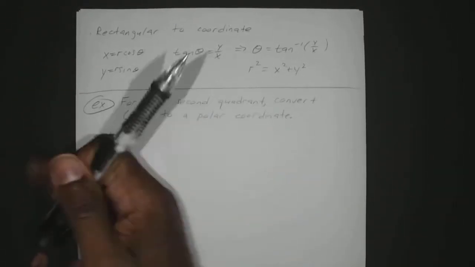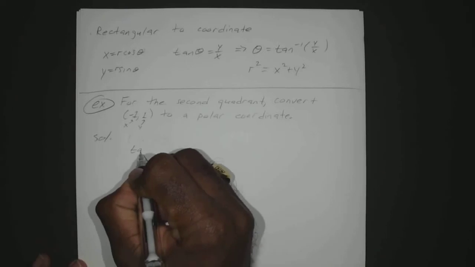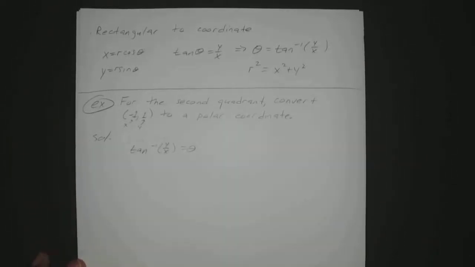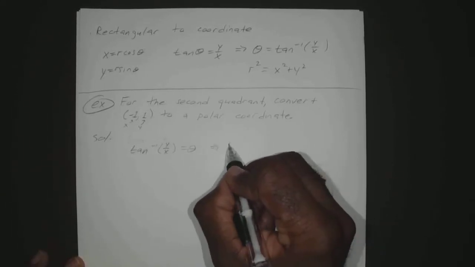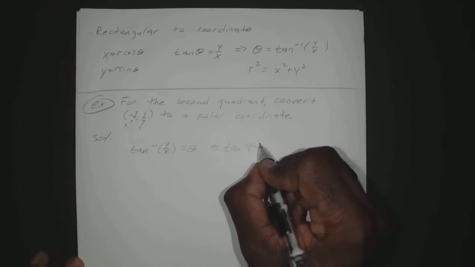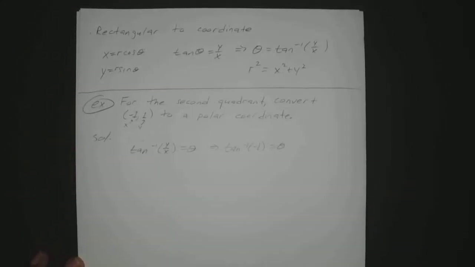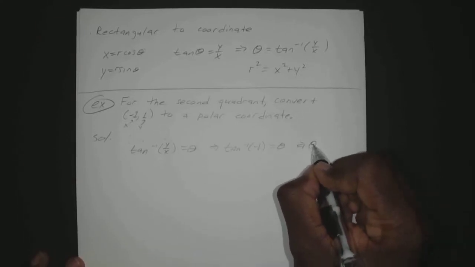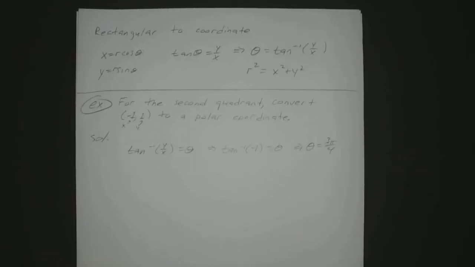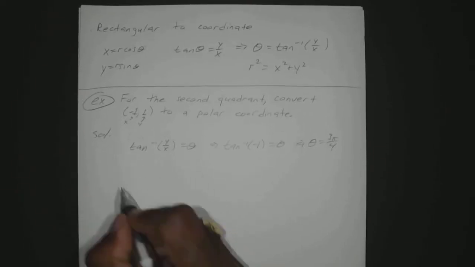That means tangent inverse of -1 equals theta. So if it's in quadrant 2, theta equals 3 pi over 4. Okay, so we have our theta.